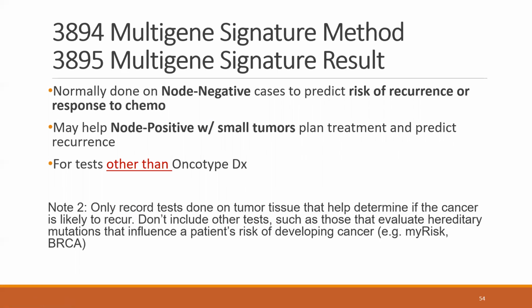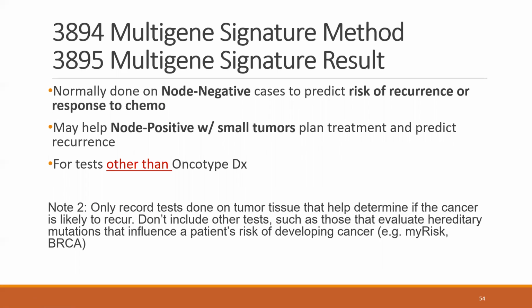Okay, there might be another type of test that they've done that's not an Oncotype DX. So for anything else that's not an Oncotype DX, you've got two fields that you can fill out. Typically, these are done on node negative cases.